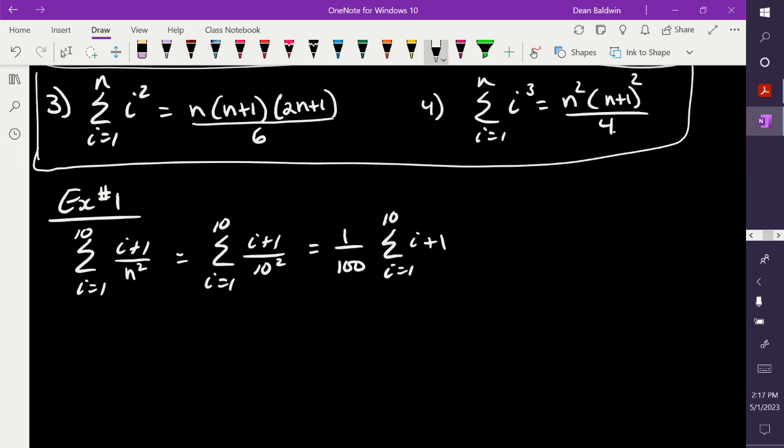So we can break this up to 1 over 100 times the sum of i from 1 to 10 of i plus the sum of 1. This is being multiplied by this, but because this is added, I can add each individual sum like this. You're going to have to be very careful with the way you write this.